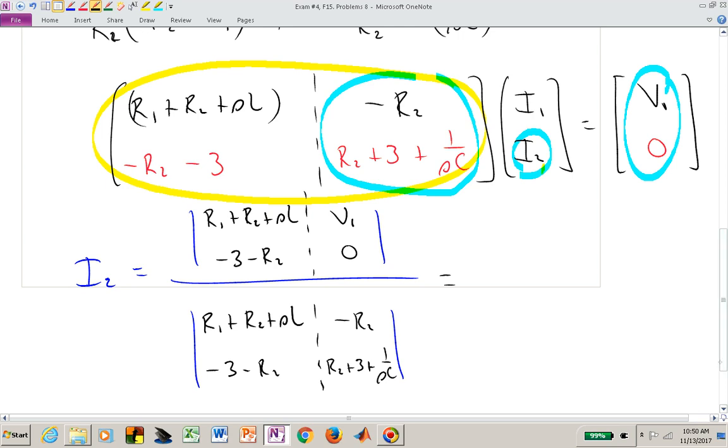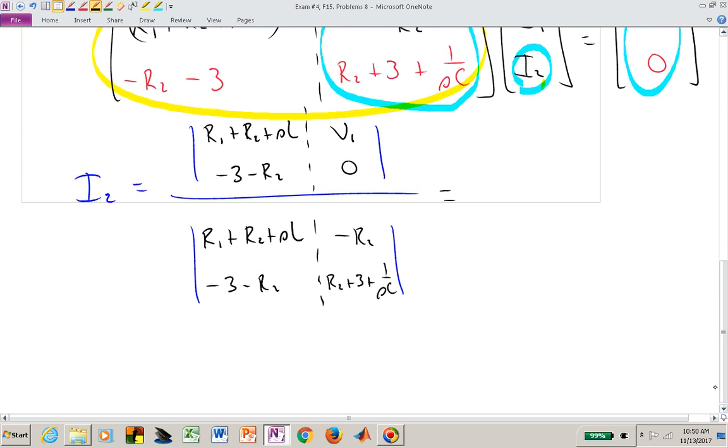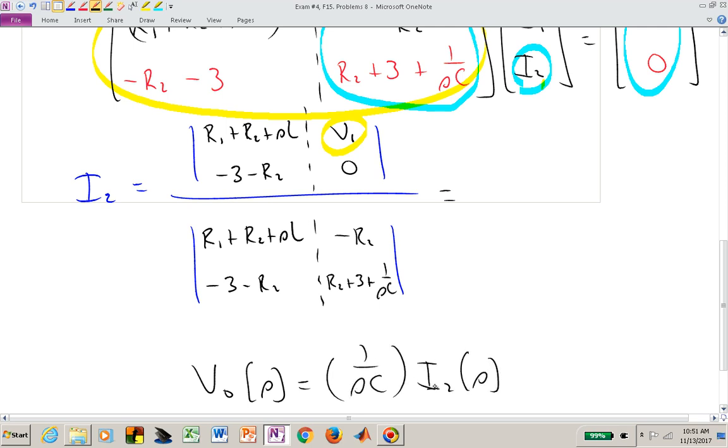That gives you now a ratio of terms, and voila, you now have I sub 2 in terms of your source, V sub 1, and V sub 0 of S, whatever we were solving for, is now 1 over SC times I sub 2 of S, and we're done.